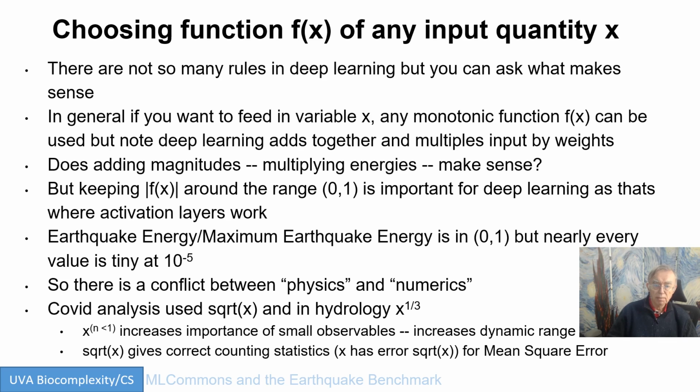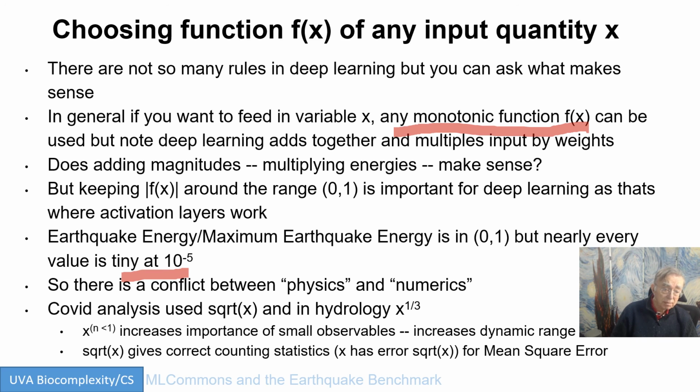Probably you want to make this function monotonic, so that as x increases, which is important because that's physics, f of x increases. So magnitude, e to the quarter, e to the half, and e to the 1 increase monotonically with e. And as I said, e has this terrible problem that the mean over maximum is 10 to the minus 5. So there's a conflict in this case between physics and numerics.